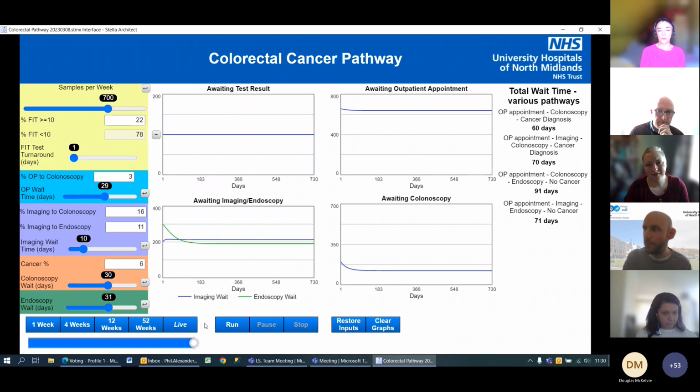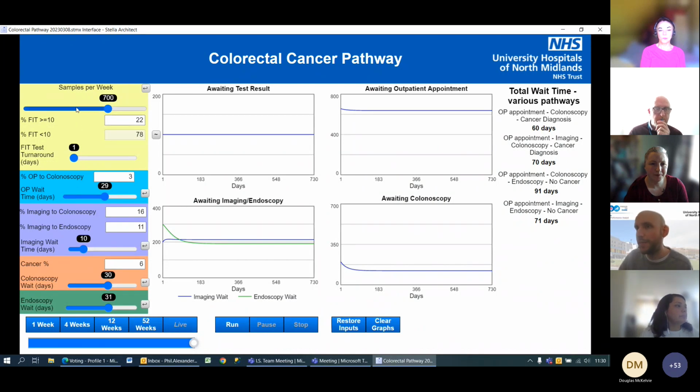But I also thought it was important to give these total numbers over here: the total days that patients are waiting in each different pathway, considering that is basically what the target is and what we would want to use the model for. So I'll just take this into a live run.